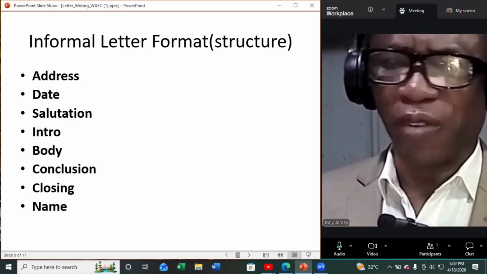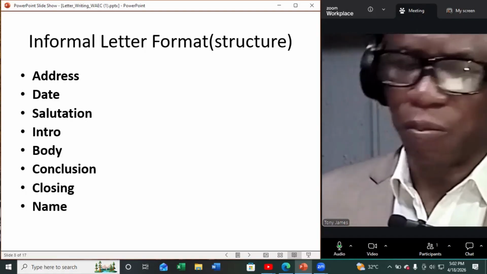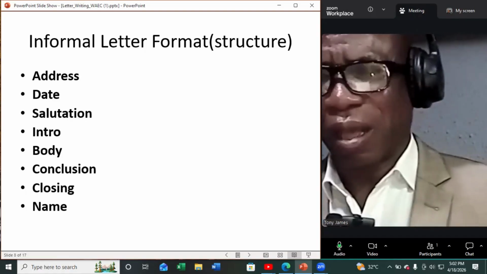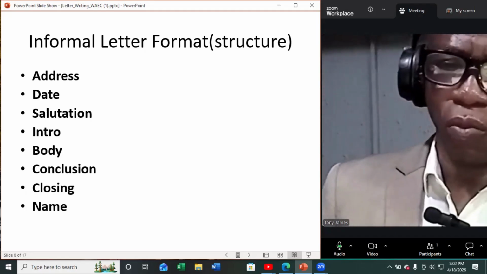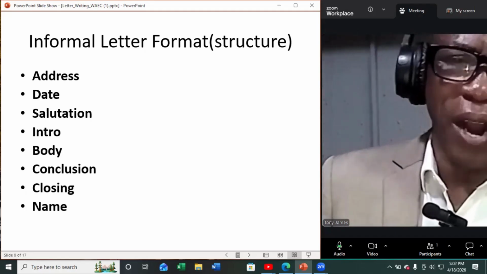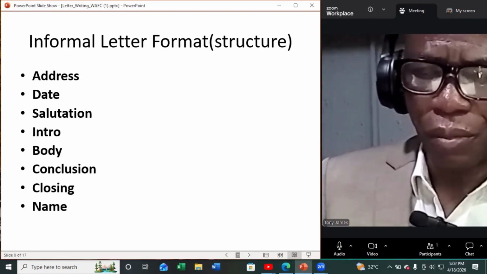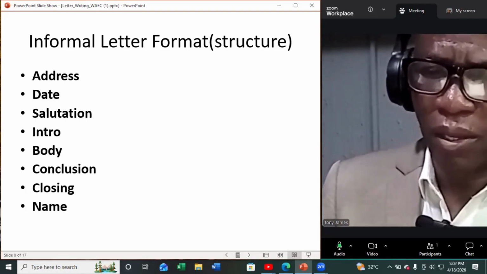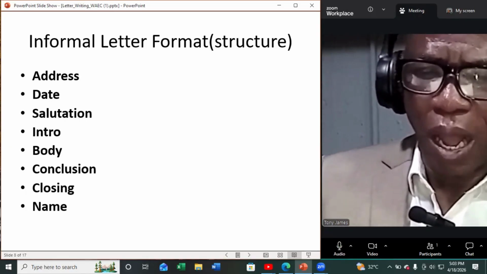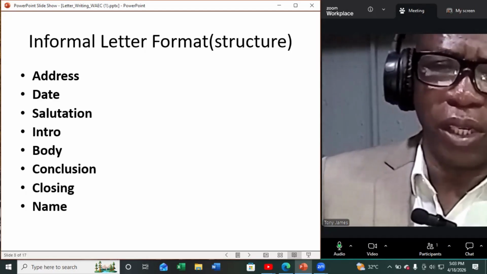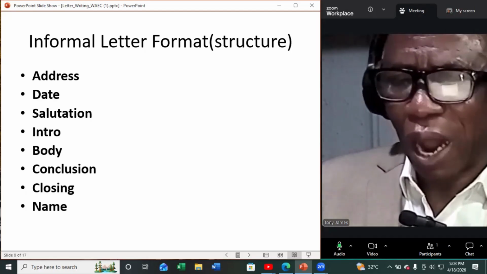Maybe there has been an event. You can ask for the experience of the last event, or share an experience you have with your friend. There is room for that under the introduction, when writing an informal letter. Then after that, you come to the body of the letter.